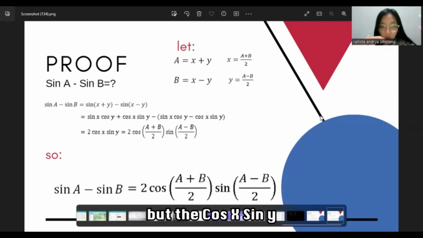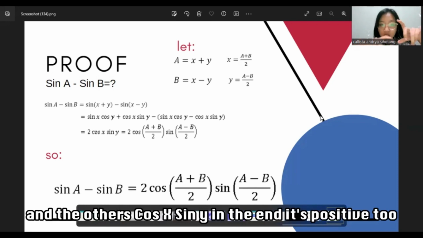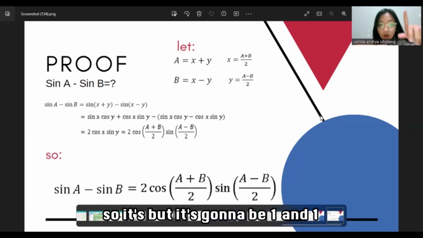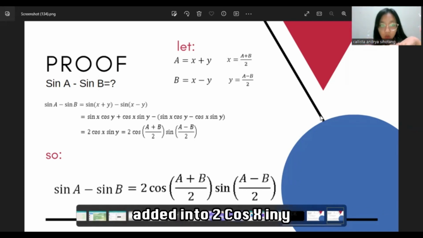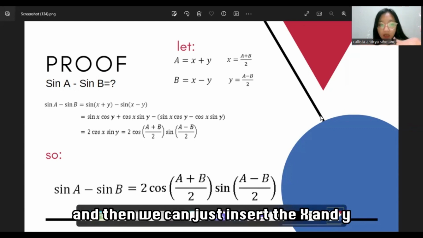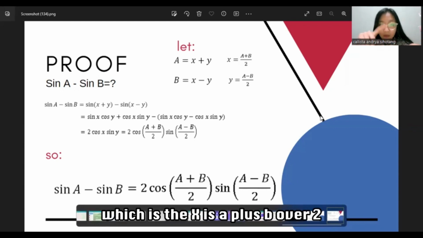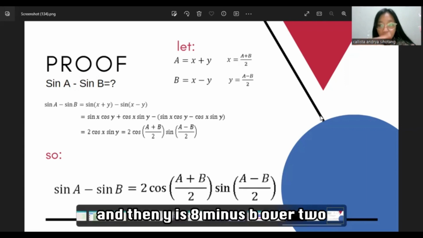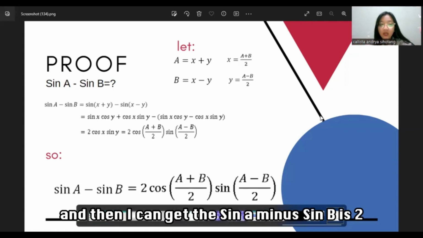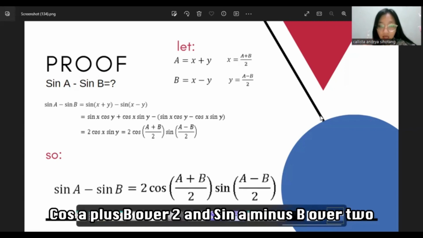The cos x sin y terms are both positive, so 1 and 1 add into 2 cos x sin y. Inserting x as a plus b over 2 and y as a minus b over 2, we get sin a minus sin b equals 2 cos (a plus b over 2) sin (a minus b over 2).